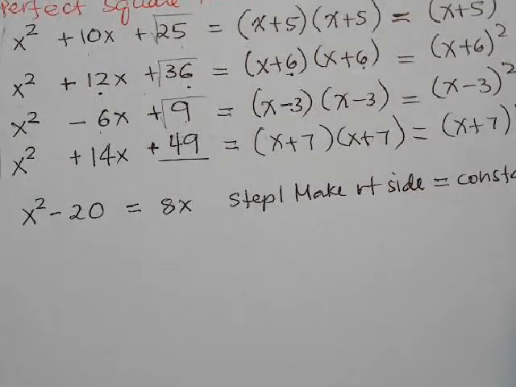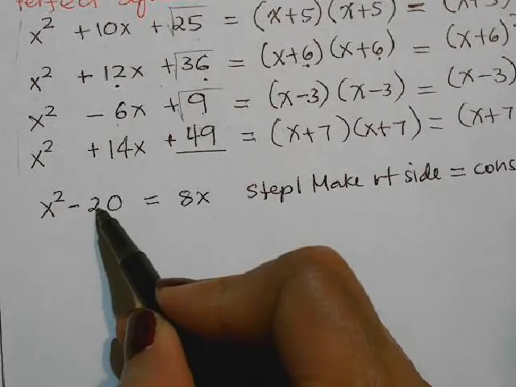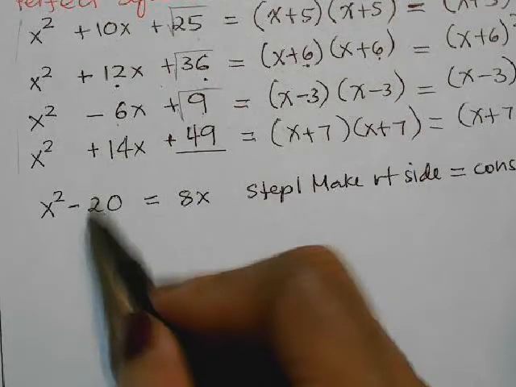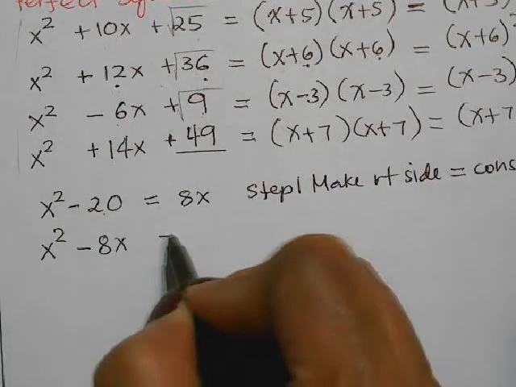So this is the constant, it should go to the other side, and this one should go to the other side. Minus 8x is equal to 20.